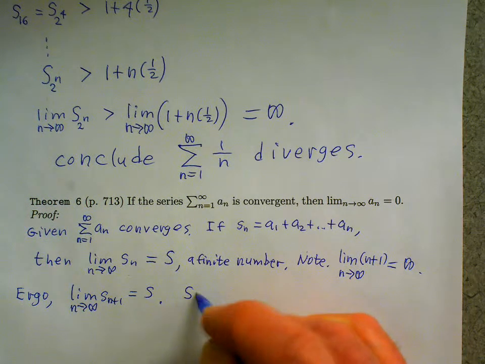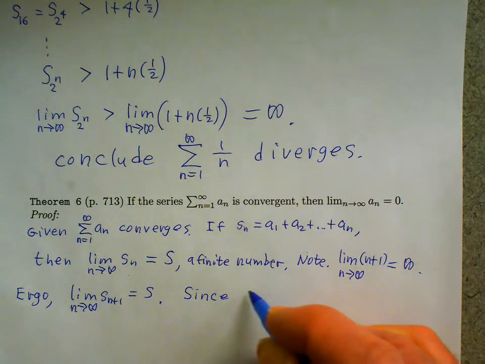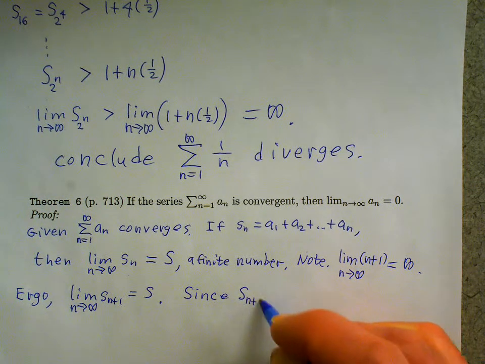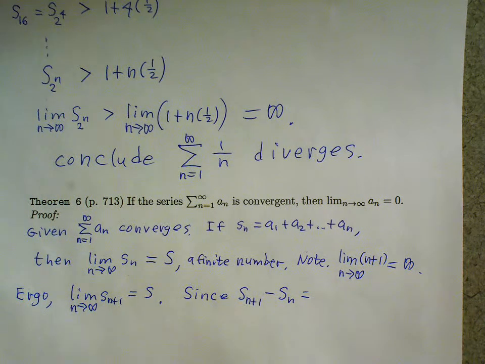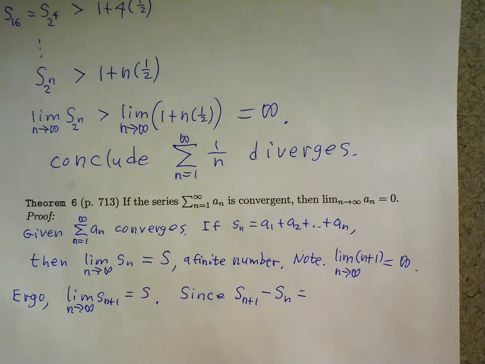Okay, so s sub n plus 1 minus s sub n, what's that equal to? So s sub n plus 1 is the sum of the first n plus 1 terms from the sequence a sub n, and we're subtracting s sub n. That means we're subtracting the first n terms.